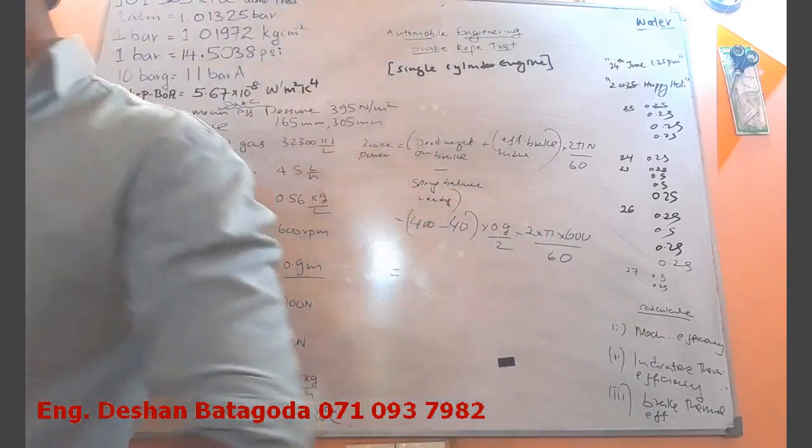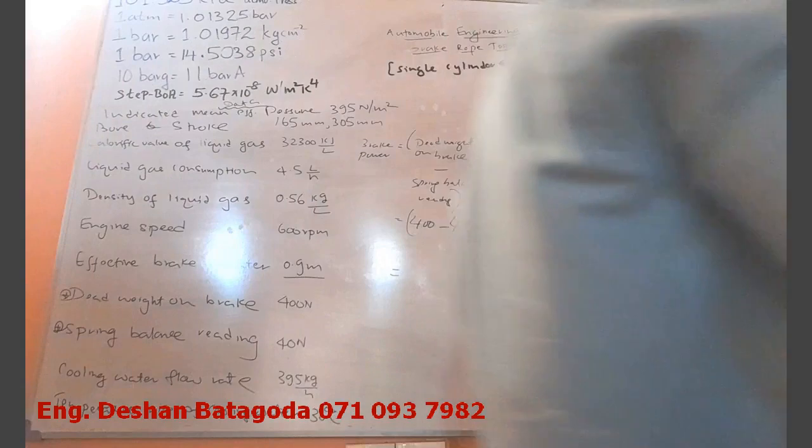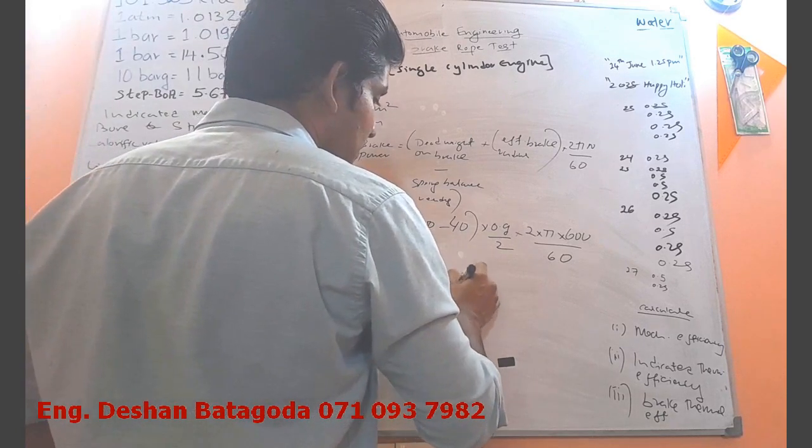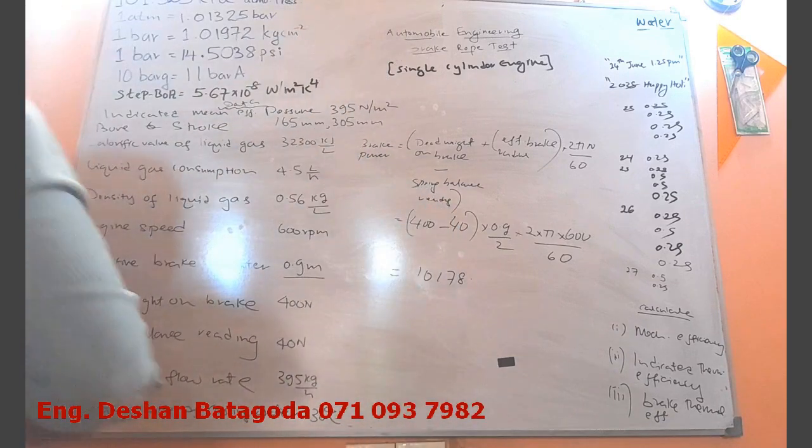So now let's take the calculator and do the simplification. Yeah, the answer is 10,178.7.